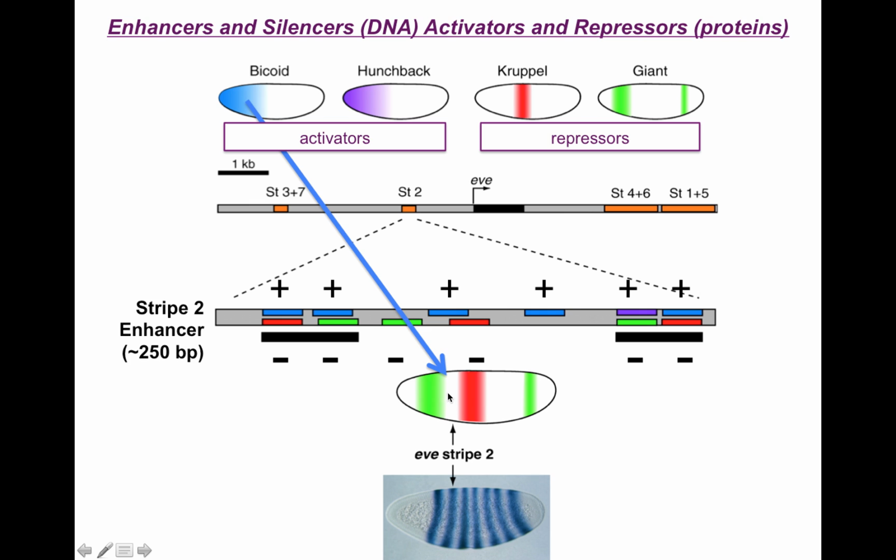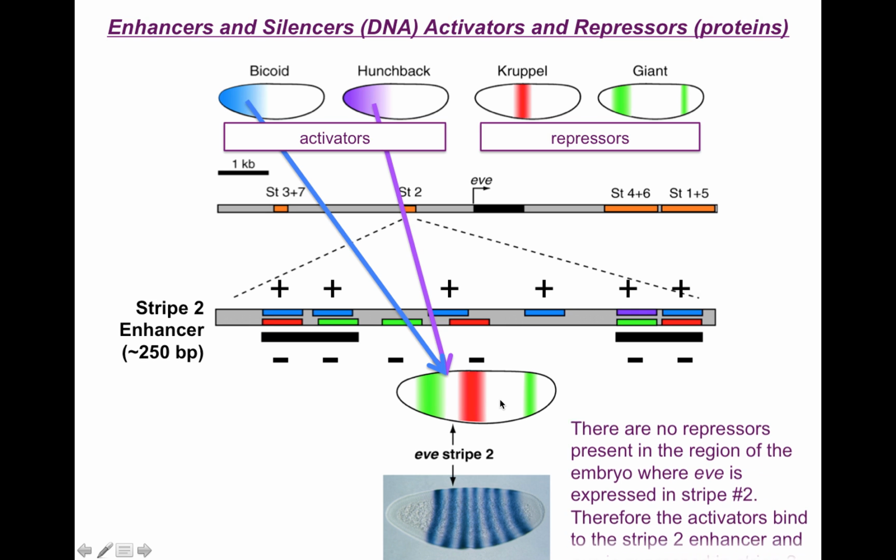Bicoid is present in this region, and so is hunchback. But what's missing from this region are the repressors, Krüppel and giant, which are not expressed here. Okay, and notice that at the borders of the stripe, where even-skipped is not produced, you see the presence of the repressors.